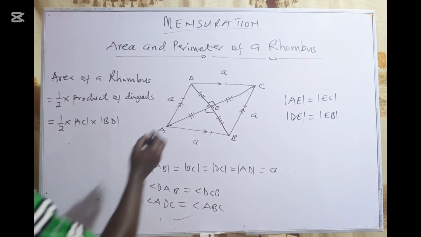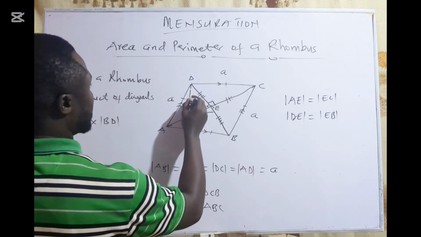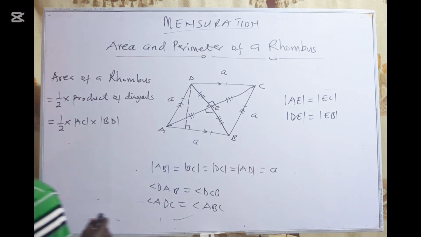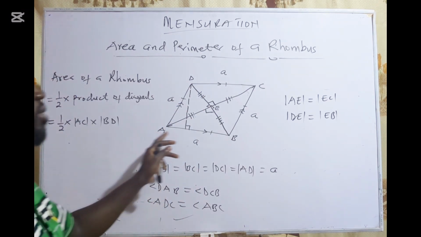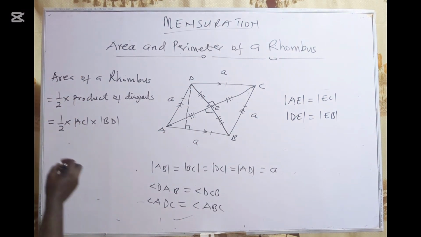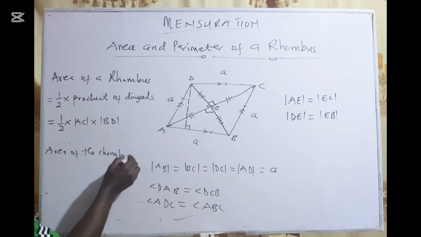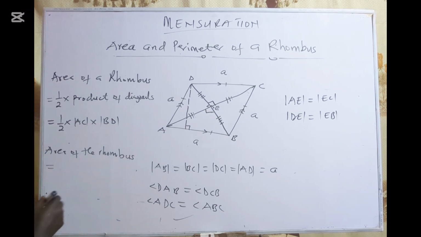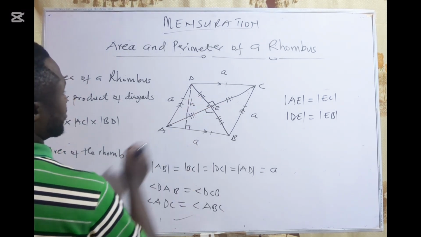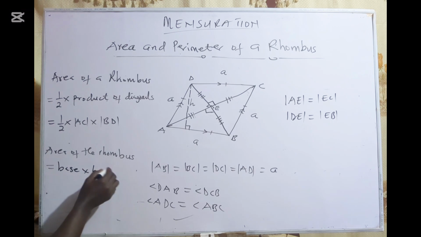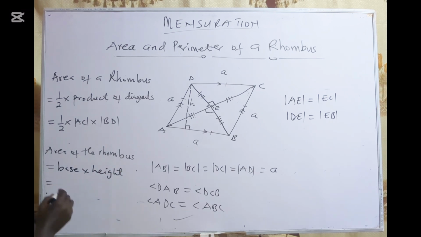Or if I know the height, the length perpendicular to the base, then the area of the rhombus can also be equal to the base times the perpendicular height. This is my height.